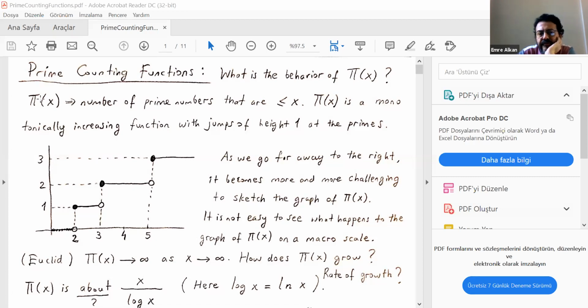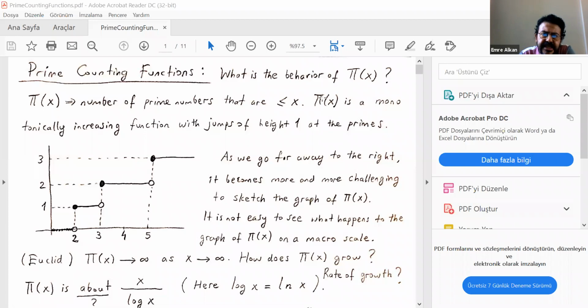As you go on, you tend to accumulate more and more prime numbers, so it's clearly a monotonically increasing function. It will have jumps of height 1 exactly at the primes, when you meet a prime.